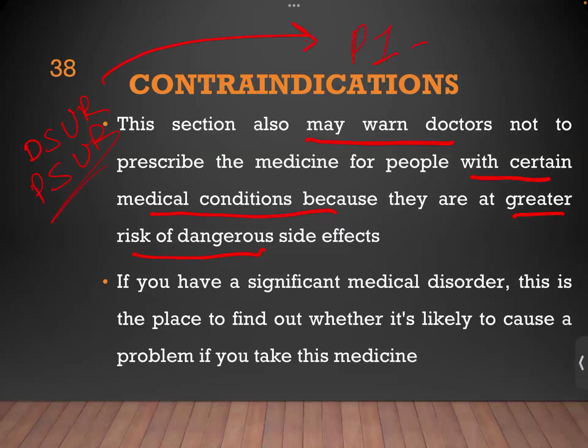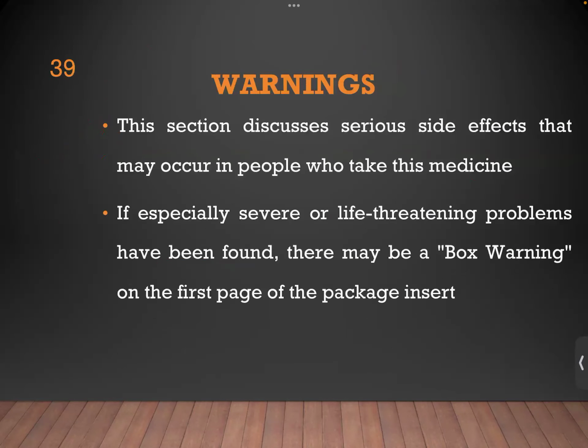If you have a significant medical disorder, then contraindication is the place where you can find where this medicine is causing a problem. Any warning, serious side effect that may occur because of this drug is discussed in the warning section. I highly recommend that for any product lying in your home, just go and open it and read the PI.